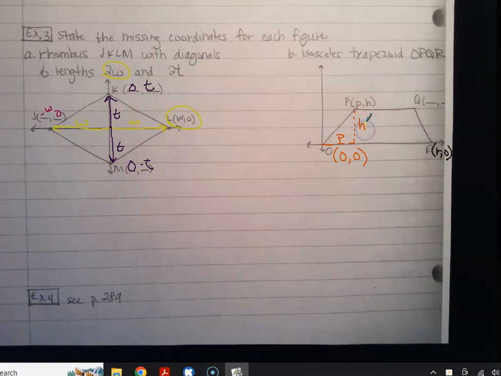H, that's the height, the y value of how much we went up. So how's that going to help us with Q? If we drew a line down here, I don't know that that helps us. I might take that line off. What do we know there?